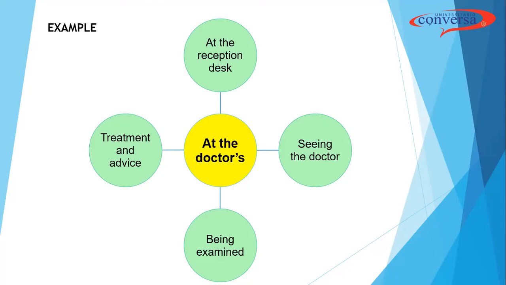For example, at the reception desk, try to imagine the conversation, the dialogues, the questions that the patient and the receptionist make at the reception desk. Number two, seeing the doctor.